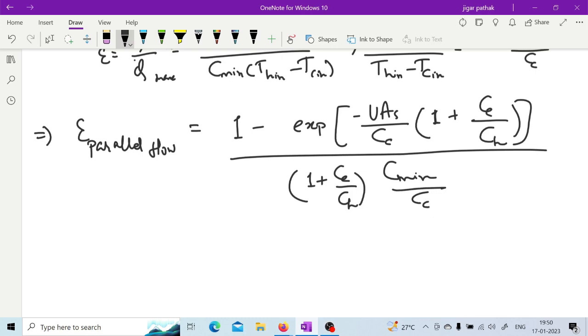This is how you can represent the effectiveness of parallel flow.